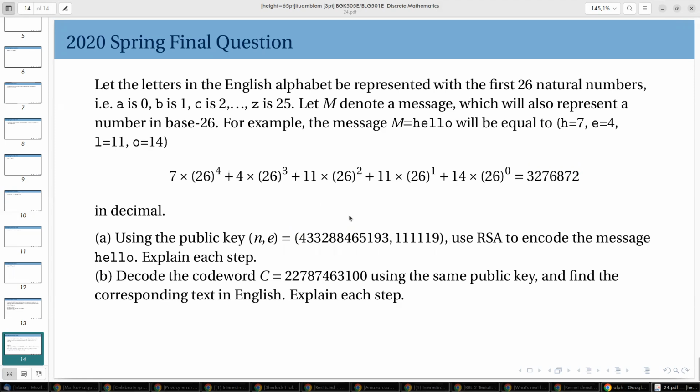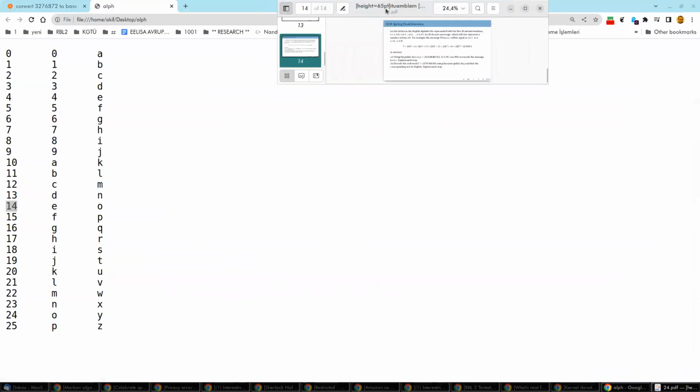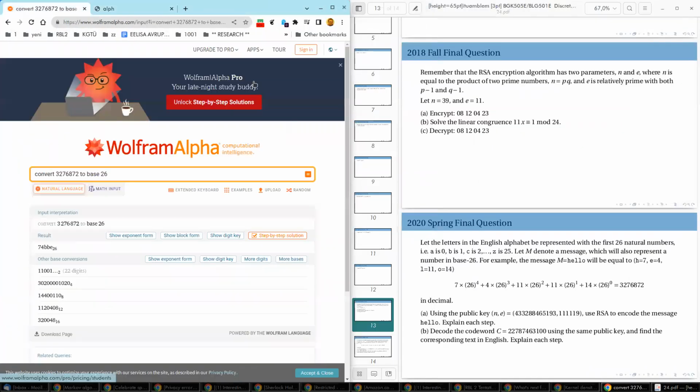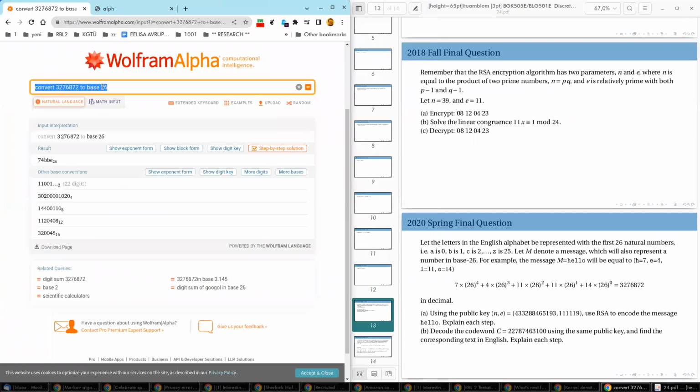Obviously this is not a task you would want to do using pen and paper, and therefore I'm going to put this over here, and over here I'm going to open Wolfram Alpha, and I'm just going to write here: take my message, raise this to the exponent value here, and take modulo n.